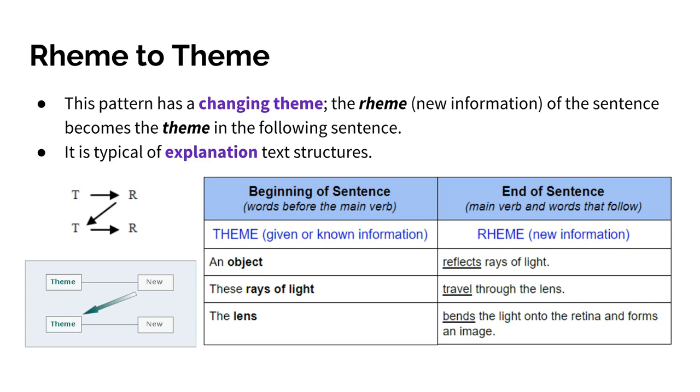So the new information light becomes the theme of the next sentence. So these rays of light travel through the lens. The new information here, the lens, becomes the theme of the next sentence. So this is a typical pattern for explanations. They generally can show sequence of events or cause and effect.